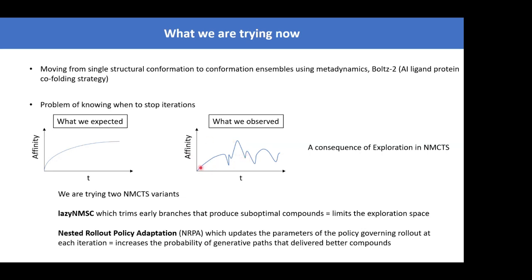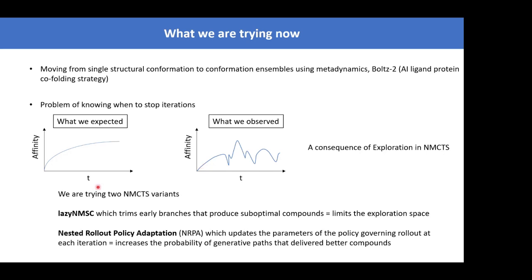The reason for that is that here you're improving the affinity of the compound, and then the algorithm decides to go explore. And now the affinity goes down. And then it develops some compound with better affinity. And each time it goes to explore new territory in the tree, the affinity goes down. So it is very difficult for us to implement a policy that says, when you reach that point, stop, because we never know where that point is.